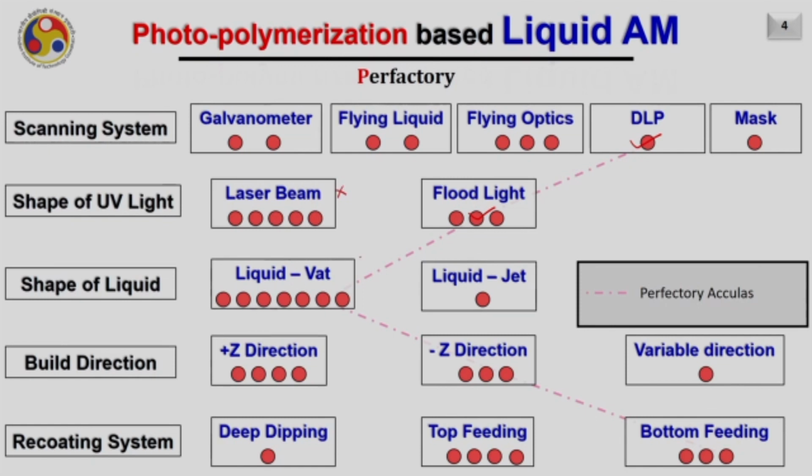Also, it uses liquid wet, that means there is a bed of liquid, and it builds the object in the -z direction. As the building is in the -z direction, the material has to be added from the bottom side, and that is called bottom feeding.